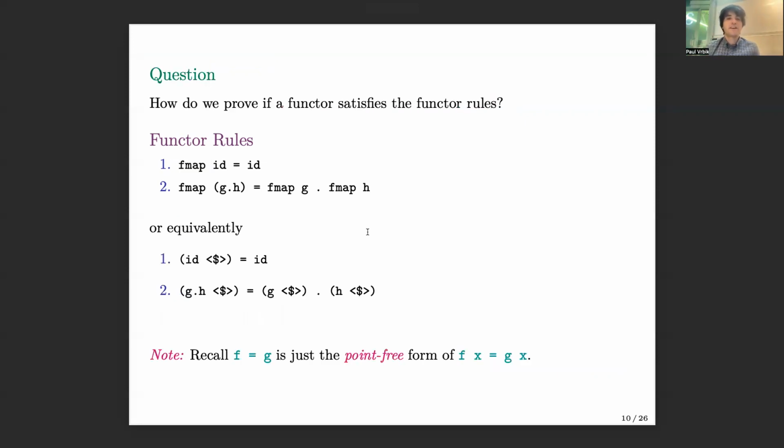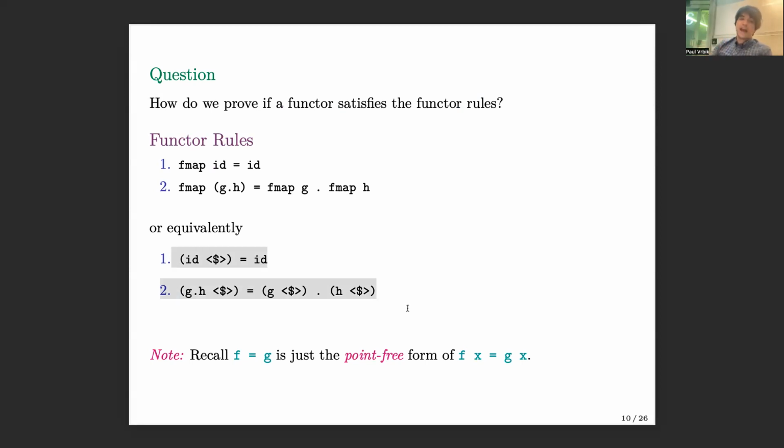How do we prove that a functor satisfies the functor rules? Well, I'm just going to restate them. fmap of the identity function needs to be the identity function. This looks confusing because it's in point-free form, but this really means that if I give it x, x should come out. And then, fmap distributes over function composition. Another way of looking at it is like this: this is the infix form for those functor rules.